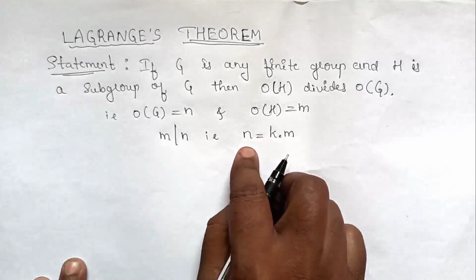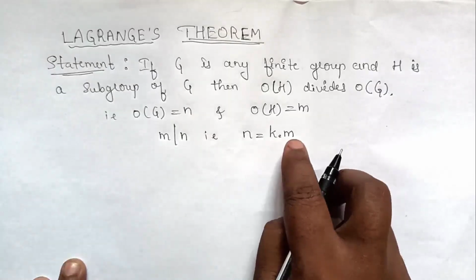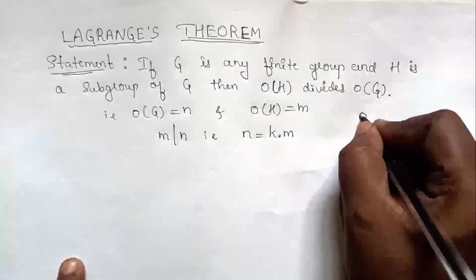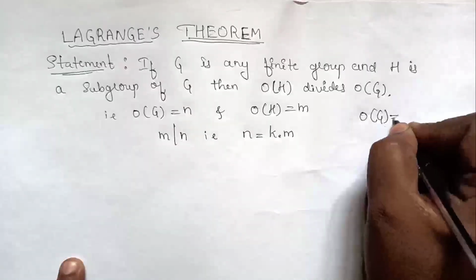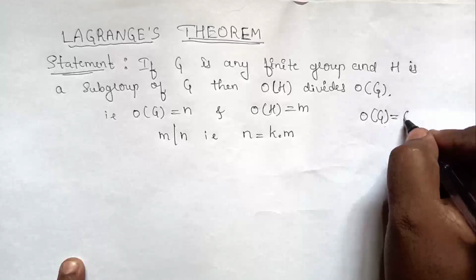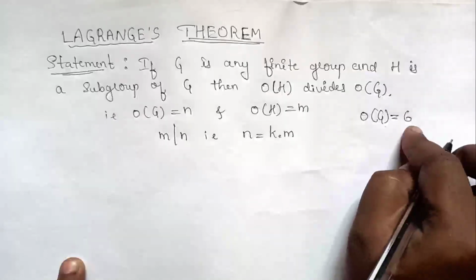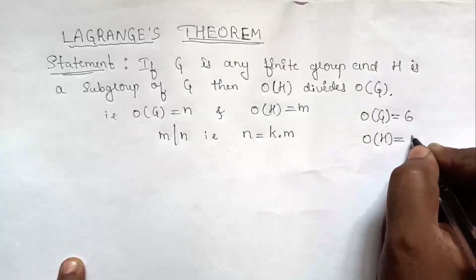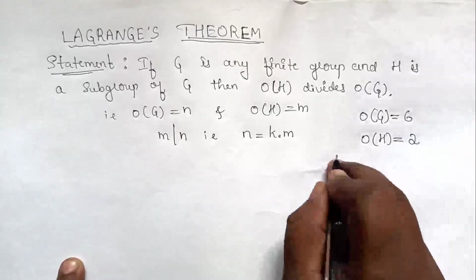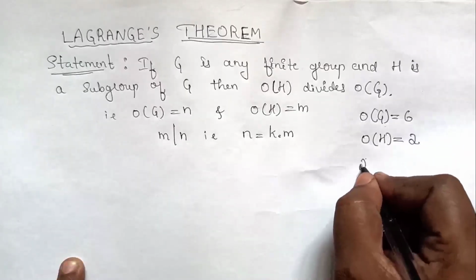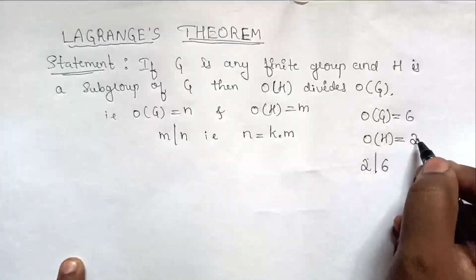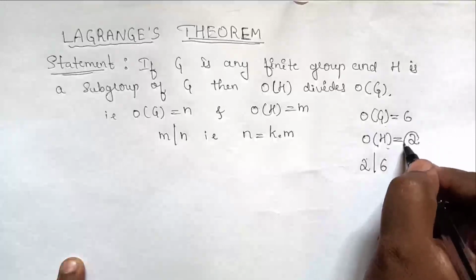For example, suppose G is a group which has 6 elements, that means the order of G is equal to 6, and H is a subgroup of order 2. Then we have to show that 2 divides 6. So this is a possible case, that the order of H is 2.